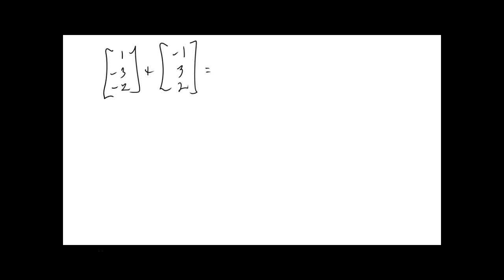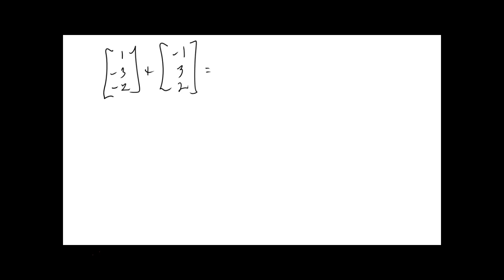But what type of a matrix could you name that? A column matrix, and another name for that would be a column vector, and it's added to another column matrix or column vector of the same size.